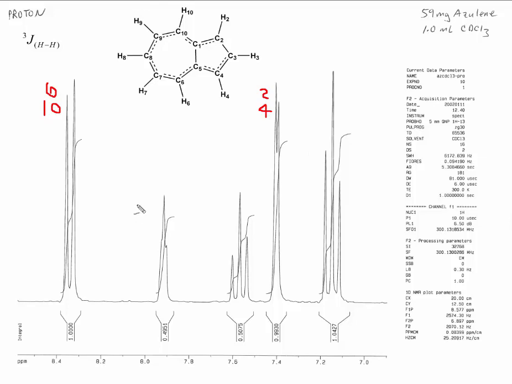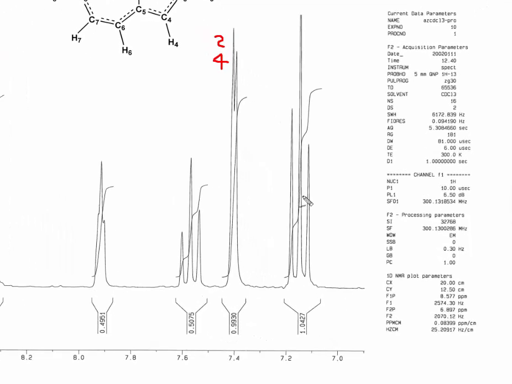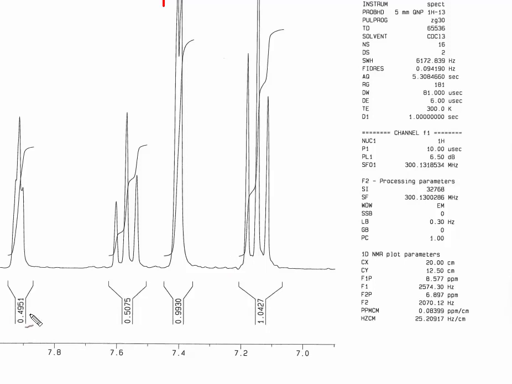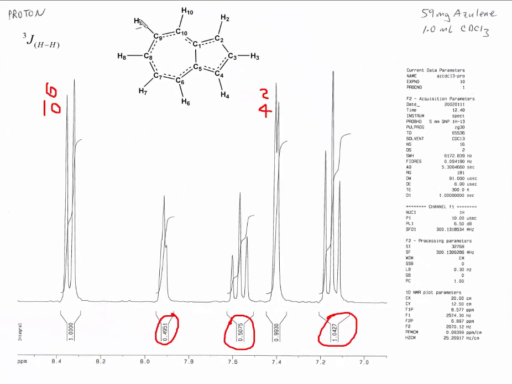All right, if you had time to check your work, we can look at the triplets next. First off, the integrals are going to help us a little bit for the 3 triplets, because here we've got integrals of 0.5, 0.5, and then 1. So we know that this triplet out here in the end is the one that is due to the pair of atoms, 7, 9.